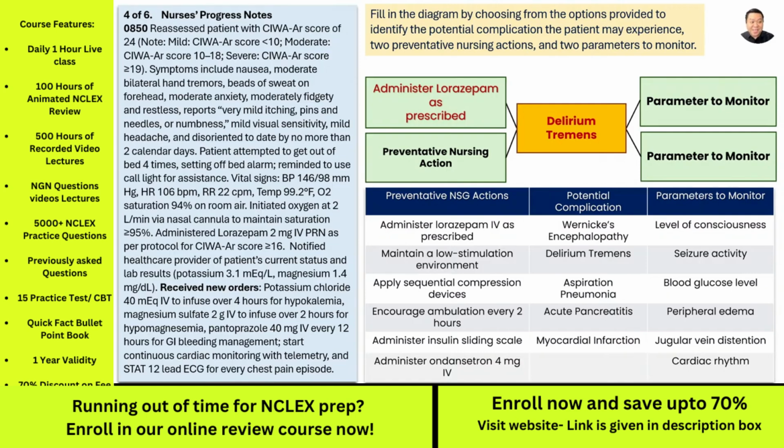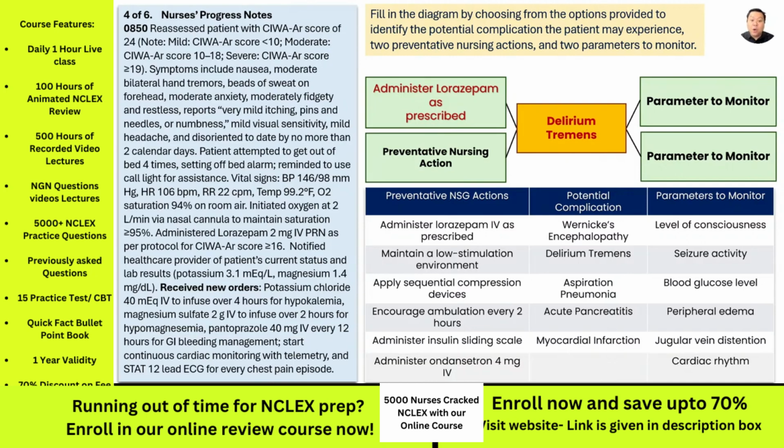And the patient's CIWA score right now is 24, which is very high. So according to the protocol, he's already received 1 milligram for a CIWA score of 12 from the previous hour, if you remember that. And now, the patient is receiving 2 milligrams for a CIWA score of 24. So the nurse here should keep administering lorazepam as ordered, and also reassess the CIWA frequently, ideally every 2 hours or even every hour.